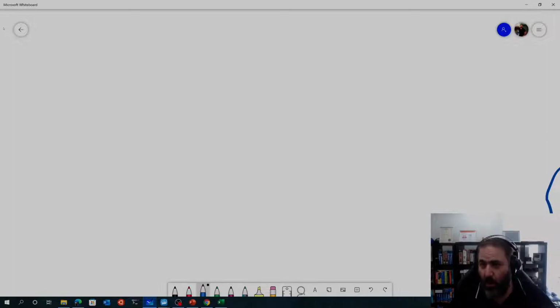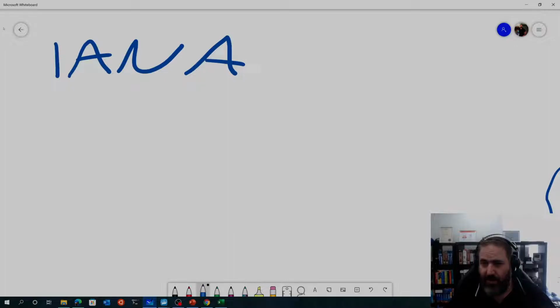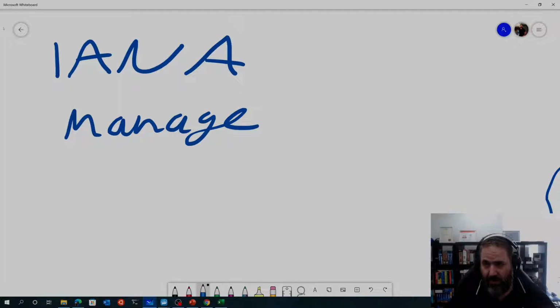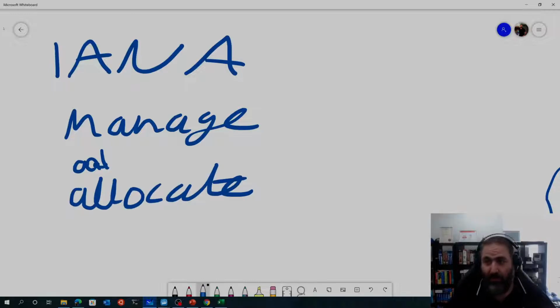No one really owns it, but there's an organization called IANA, the Internet Assigned Numbers Authority. They manage and allocate blocks of IP addresses.